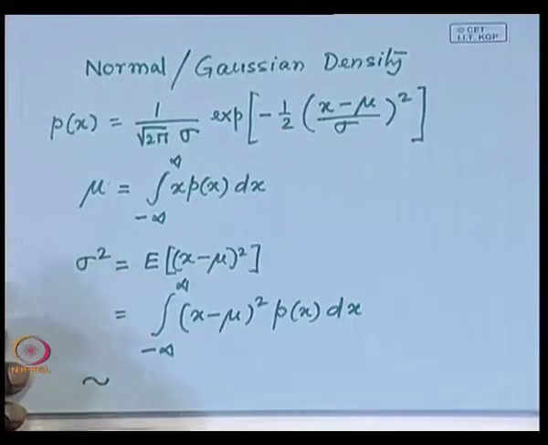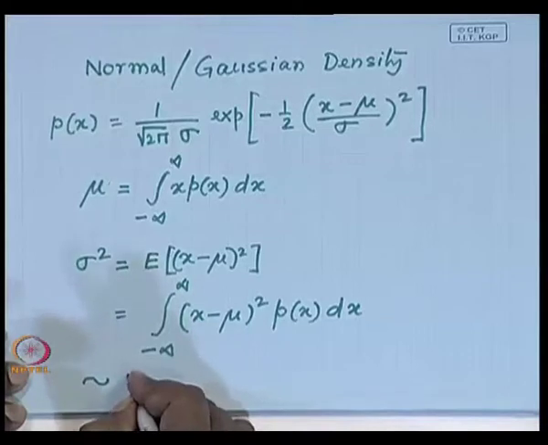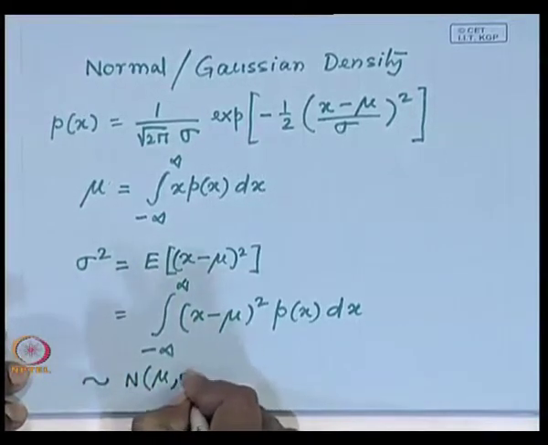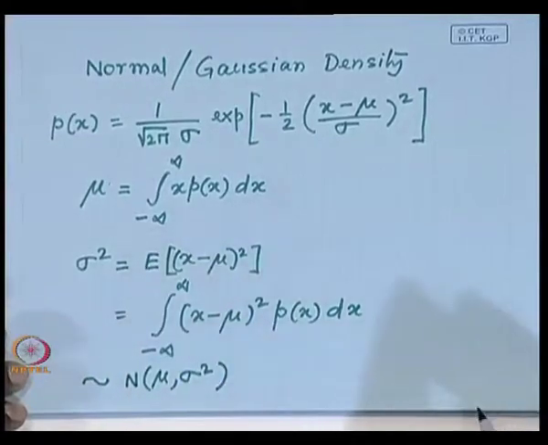Okay. So, in short, this normal PDF is also written as N(mu, sigma square), which means that it is normal density with the mean value of the variable as mu and variance of the signal as sigma square.